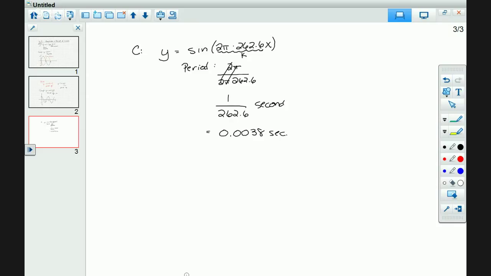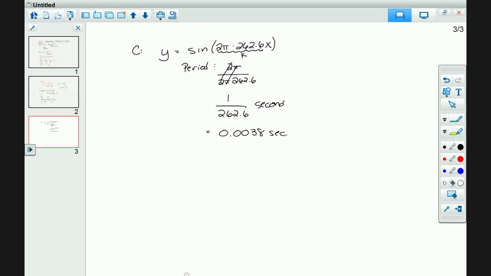Okay. Now we can get into things like the highest frequency the human ear can hear. If I remember right, it's like 20,000 hertz. How many repetitions is that per second? What's 1 over 20,000?